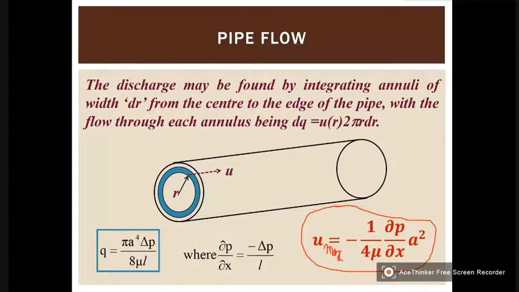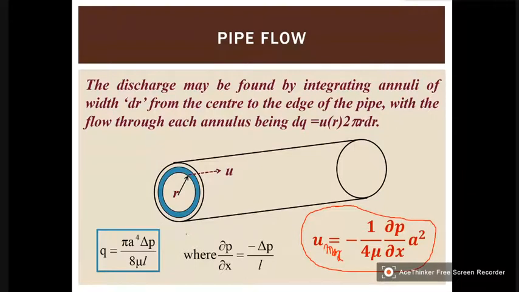Now what you are getting? Right hand side, what is this sign? Negative. How can it be? What is the justification? Flow is from left to right, sir. We have taken flow from left to right only.